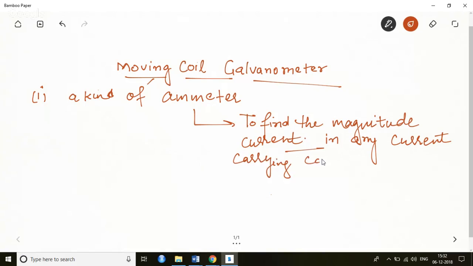Now, why do we need a moving coil galvanometer? It will not only tell you the magnitude of the current, it will tell you also about the presence. If it tells the magnitude of the current, the presence of the current is established, and it will tell you two other things.